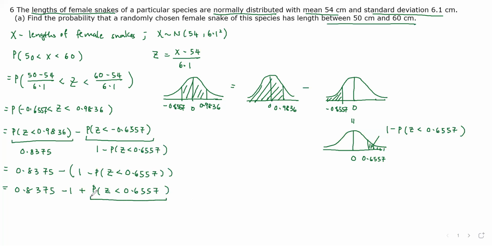This probability can be read directly from the standard normal table, and it has a value of 0.7441. So when we take 0.8375 minus 1 plus 0.7441, we have a value of 0.5816.